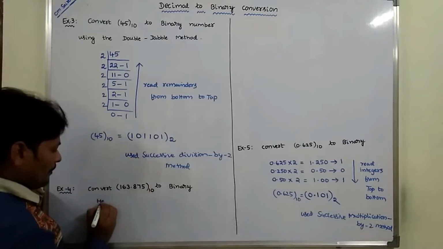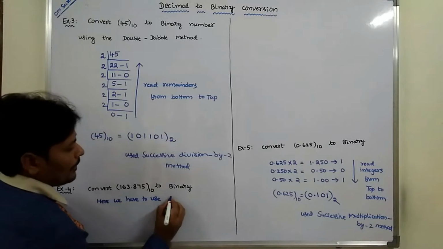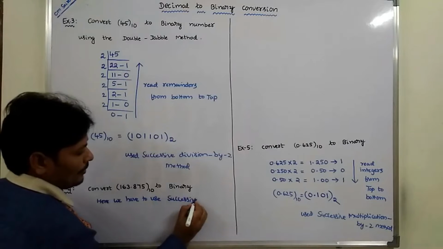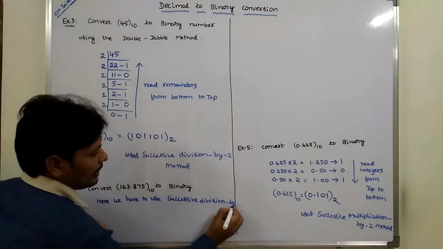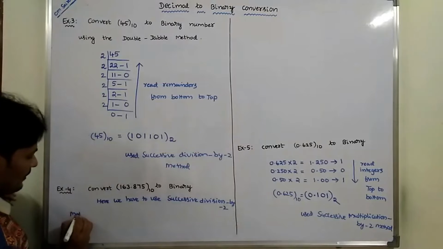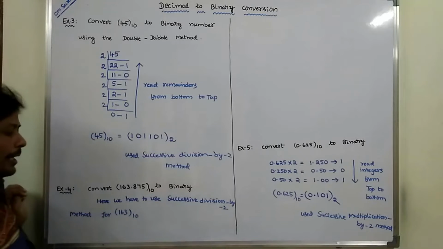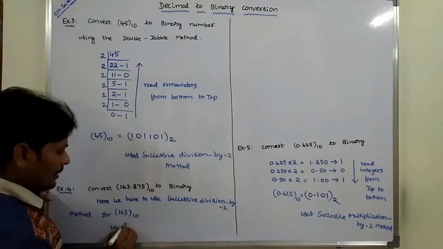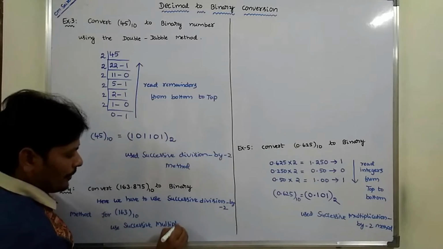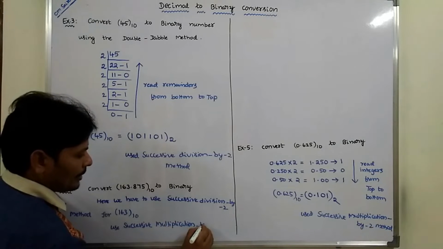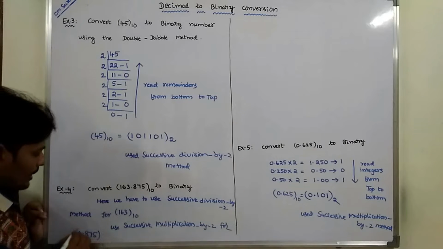So here we use the successive division by 2 method for 163 base 10, and the successive multiplication by 2 method for 0.875 base 10.